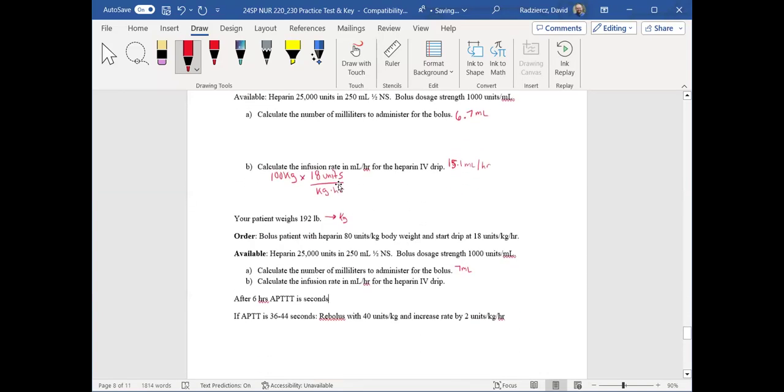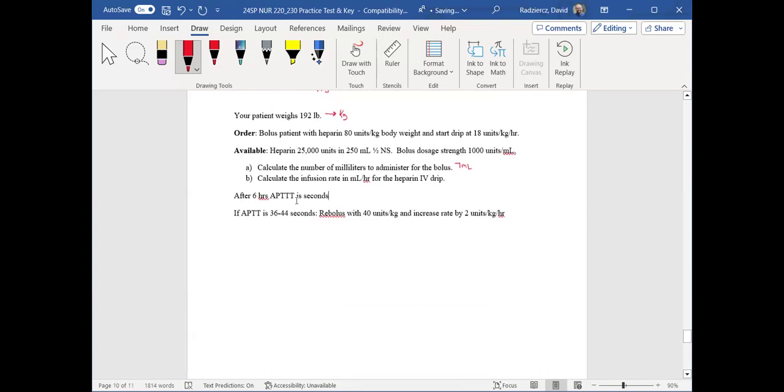Oh yeah, I don't know why I'm scrolling around. Let's say it's 40 seconds. Doesn't really matter. After 6 hours, APTT is 40 seconds.